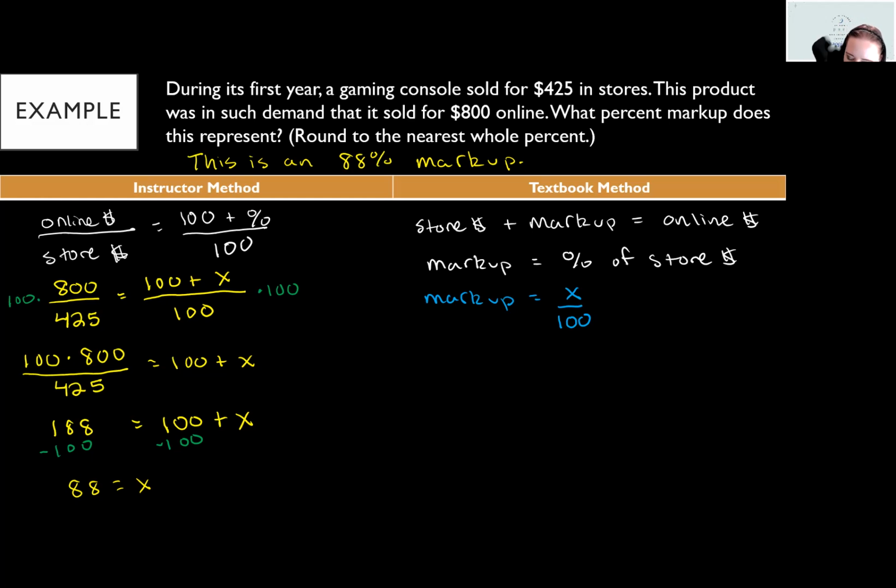And then of the store price, that's $4.25. So we've got 425, divided by 100. I can at least simplify and do 425 divided by 100. And that will give us 4.25x. So the amount of markup is 4.25x.